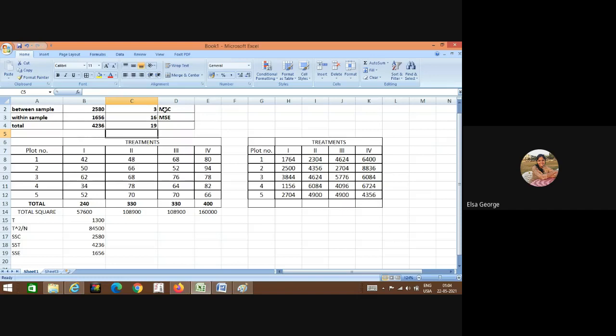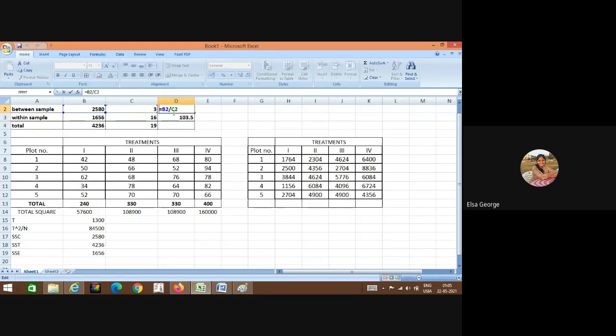Now we have MSC and MSE. MSC is nothing but SSC divided by K minus 1, just go through the columns. And your MSE is nothing but SSE divided by N minus K. Now you got two values here, that is MSC.